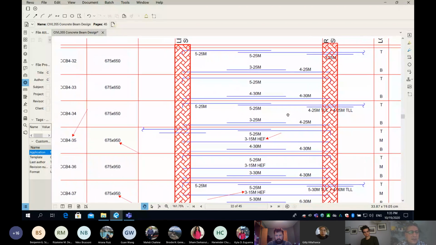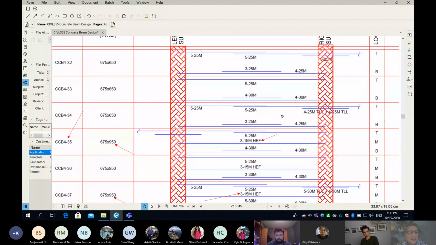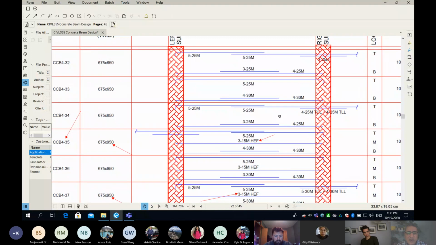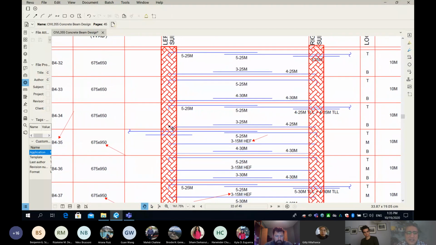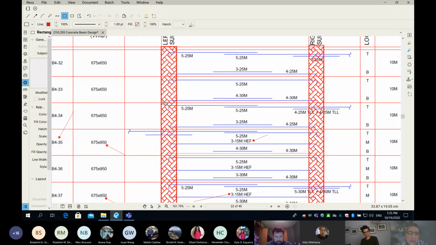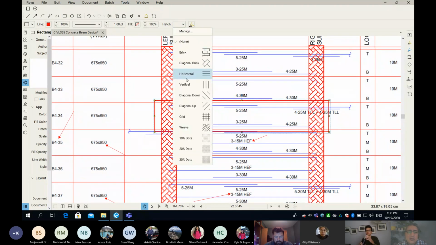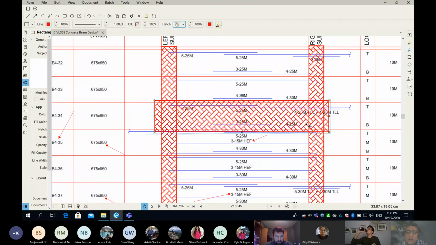Actually, they changed the depth of the beam, so they went from 950 to 650, and again it is only one span. I'm going to probably box it out. So this beam here is beam 34, and where is beam 35? It is to the right here. Okay, that is how we read.